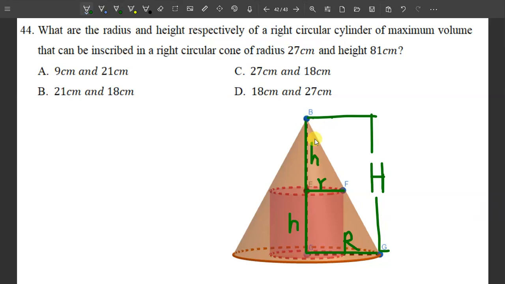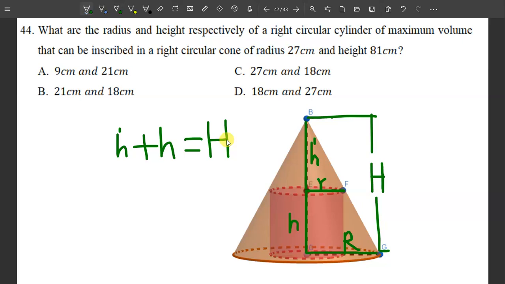By definition, H prime plus the height of the cylinder is always equal to the height of the cone, since the cylinder is inscribed in this cone. Let us call this H.